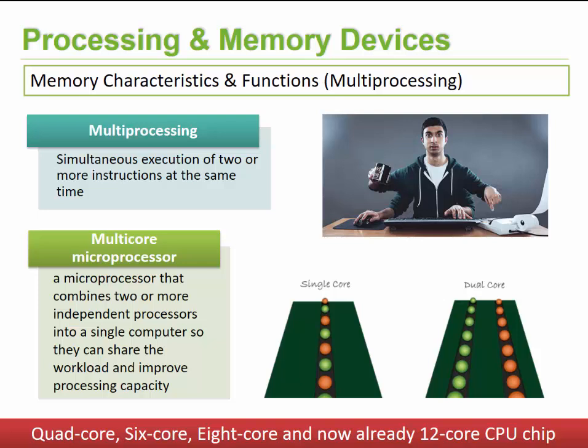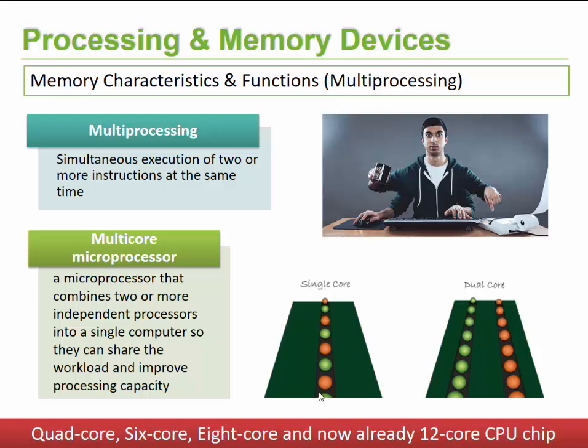We also need to understand what multi-core multiprocessors are. Microprocessors can combine two or more independent processors into one. That's where we have dual-core and quad-core processors. If you look at this, in this case we've got a processor, and that processor can execute one set of instructions at a time. It needs to wait for an instruction to finish before the next one can be executed.